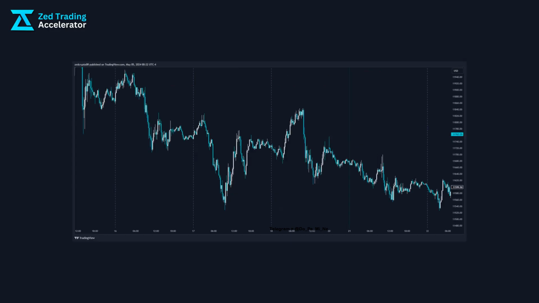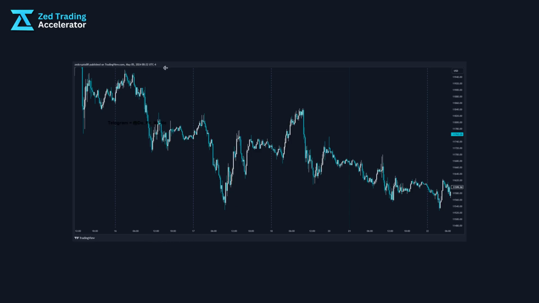So this is an example of price action for the day. Everything you see right here is on the 15-minute chart. Every single candle is on the 15-minute time frame. This is the daily open of every single day that we have here.